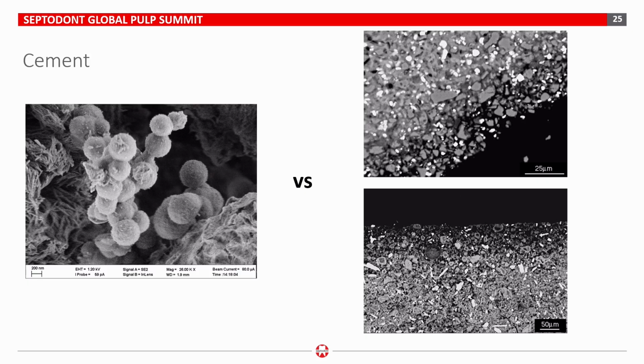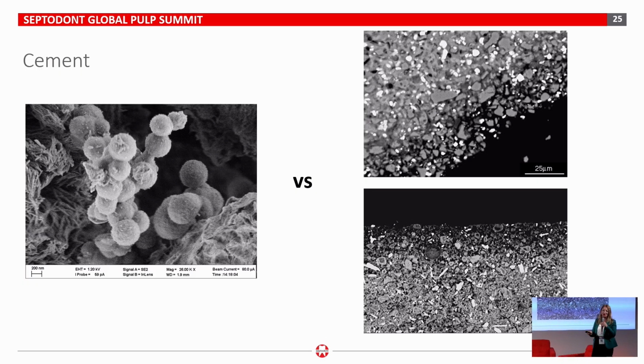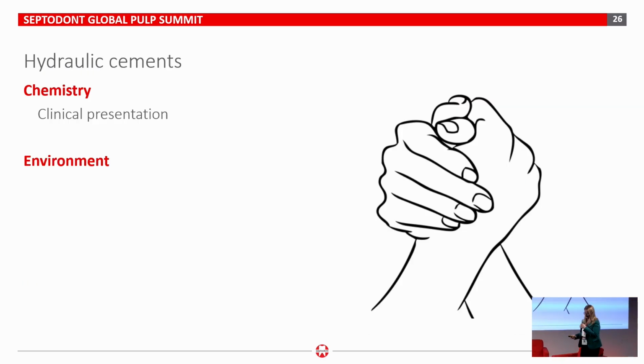In the human body, you can get that, but you can get that or that. That is porosity, that is non-setting. Who is in control of the environment? We are in control of the environment, which is why I stress the very, very big importance of clinical protocols.